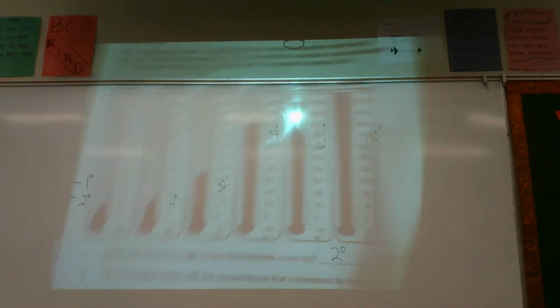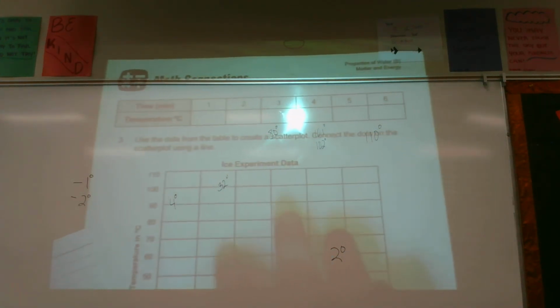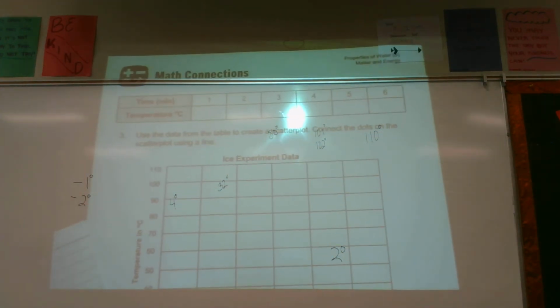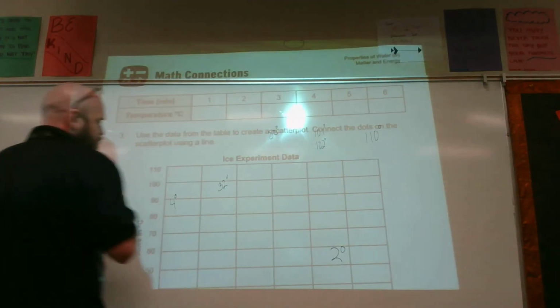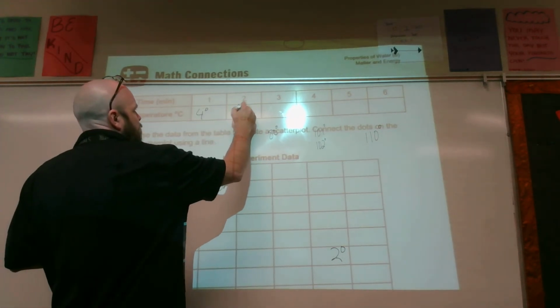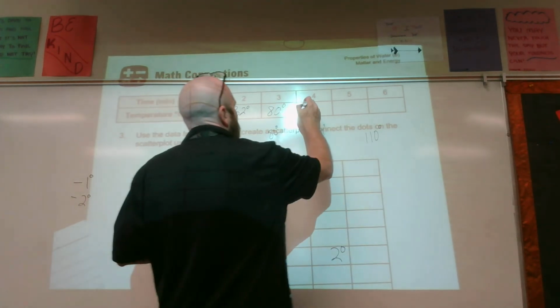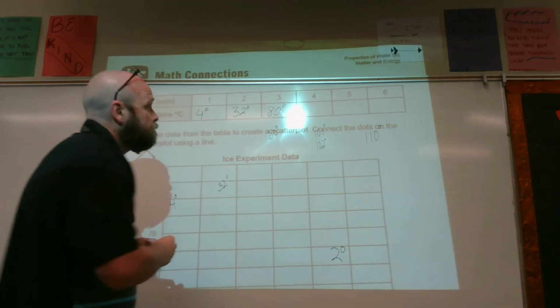It's also going to be filled in at the top of this page so that you know where we go when we do this part. So let's fill it in quickly. 4 degrees, 32 degrees, 80 degrees. Did I forget one? You said 1 degree.